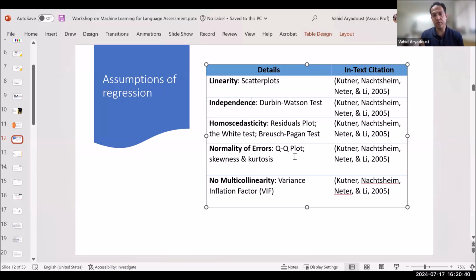Not manually, the software will do that for you. But I should say, unfortunately, JASP doesn't save it. So if you want to save the error of your regression model, you got to use a different software like Jamovi. Jamovi is also free software, so you can use that easily. Anyways, then you can run the skewness and kurtosis analysis on that variable, and you can determine whether your residual data is normally distributed.